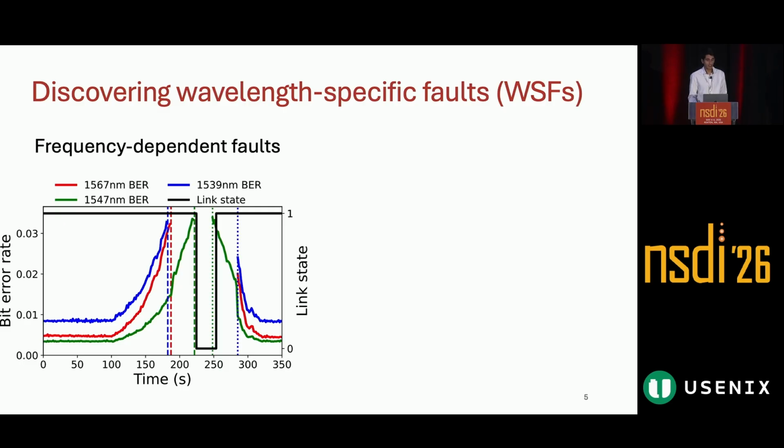And we wrapped this fiber around a 3/4 inch cylinder, inducing a macro bend like the slide I showed you before. And what you can see here is over the course of the experiment, 2 of the wavelengths fail earlier on, in fact, the 2 that are at the further ends of the electromagnetic spectrum, and 1 fails a little bit later. And the link stays up at the logical level until the last wavelength fails, right?